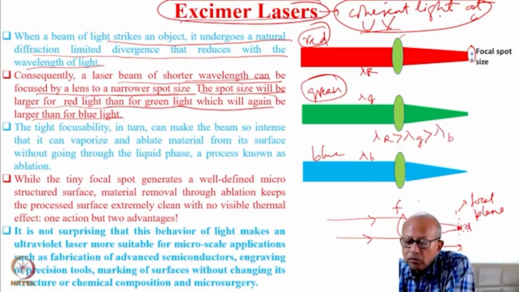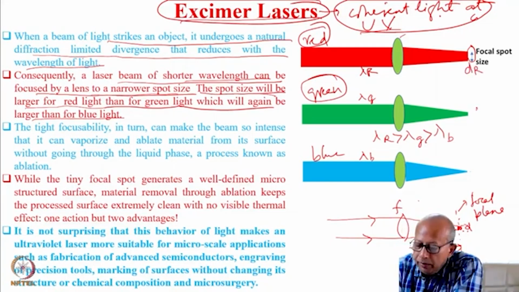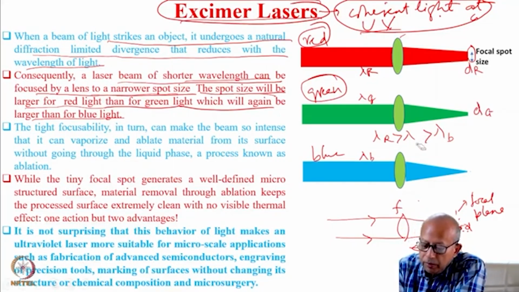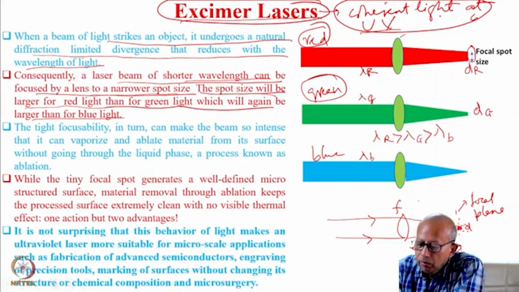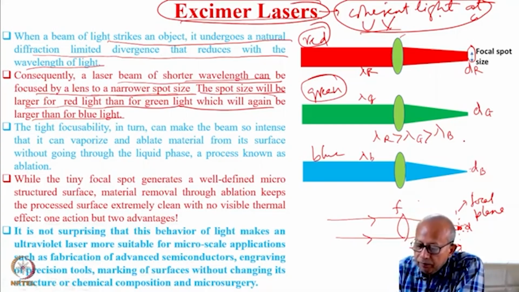So if we call the focal spot diameter d_r for red light, d_g for green light, and d_B for blue light, then d_r would be more than d_g, which will be again more than d_B.